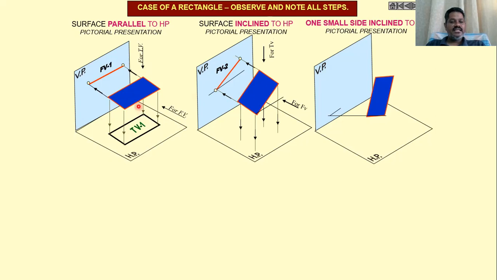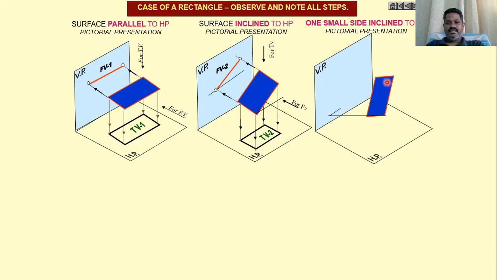In this case, we will not get the true shape; we will get a reduced shape. The exact size in the first case will not match the second case. It will be projected onto the horizontal plane with the reduced size like this.